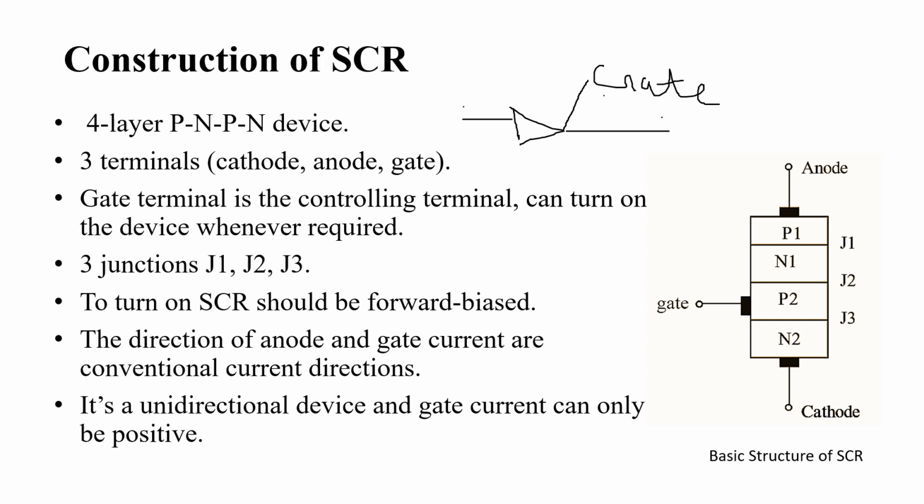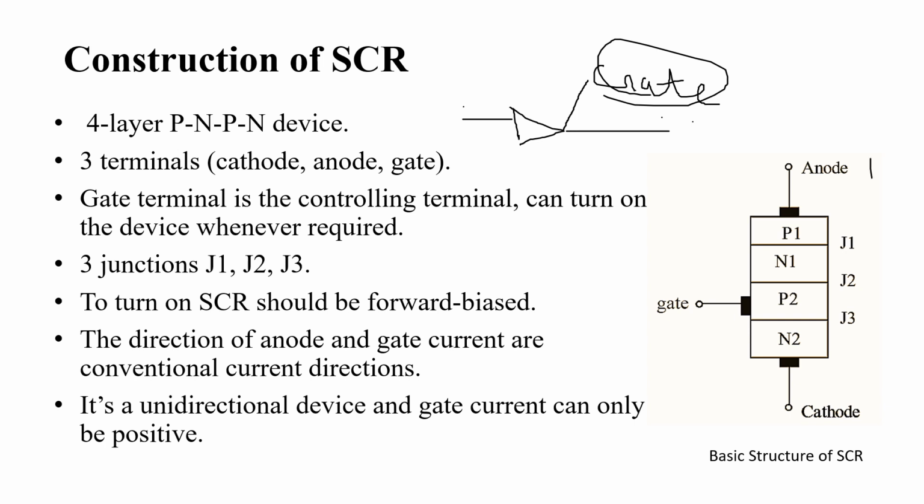This terminal is the one which is responsible for controlling the flow of current from anode to cathode. Here you can see it has three terminals: one is anode, one is cathode, and one extra terminal, this is the gate terminal. And the gate terminal is the one which controls the flow from anode to cathode.